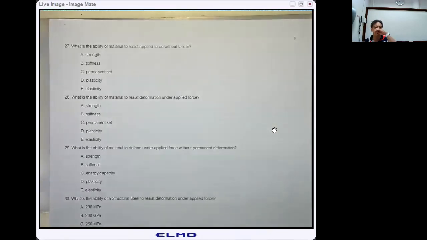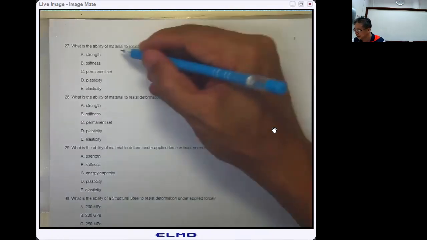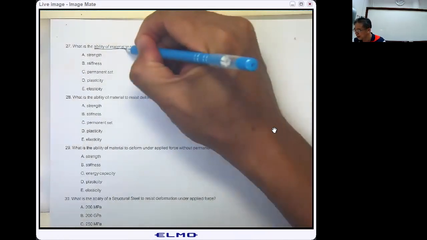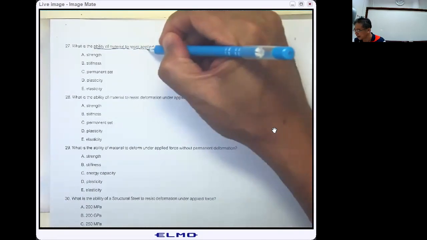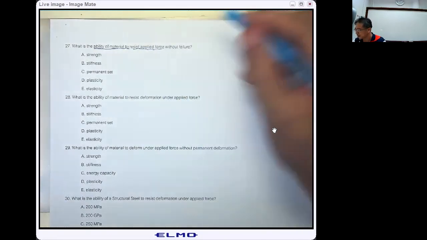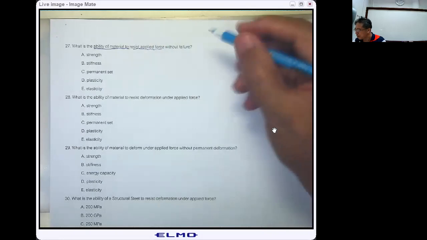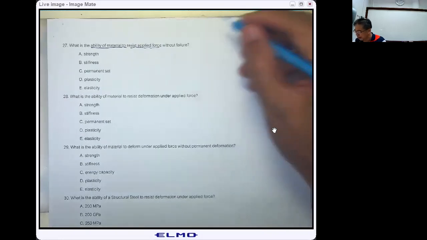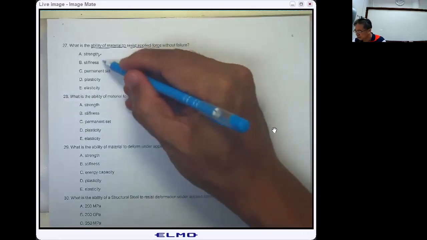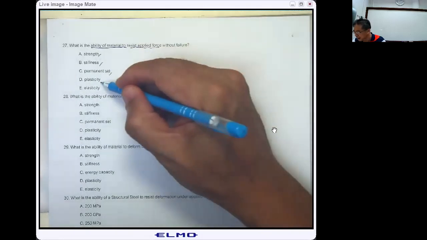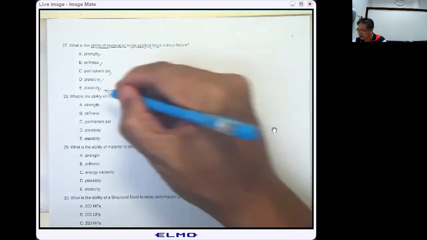What is the ability of material to resist the applied force without failure? Okay, that is the ability of the material to resist the applied force without failure. So what we call it: strength, stiffness, permanent set, plasticity, elasticity.